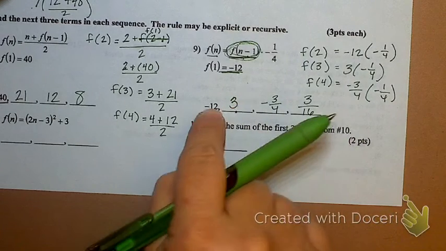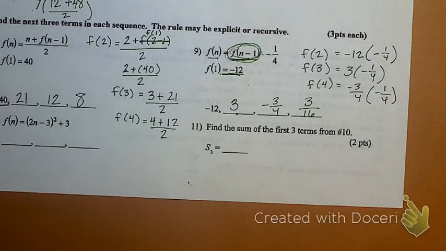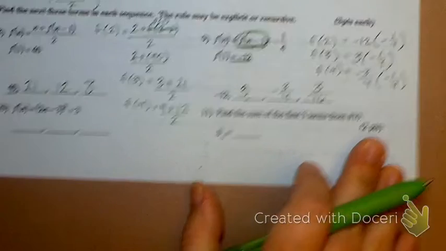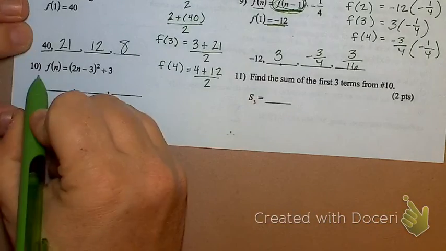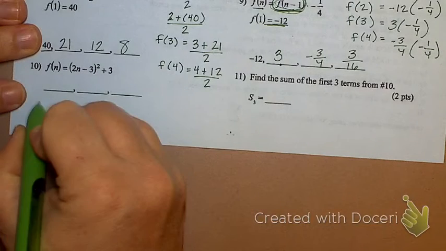That means I take the first term and multiply it by negative 1/4. So that gives 3, right? You plug it in for the term before when you're finding the third term. Yeah, the third term.